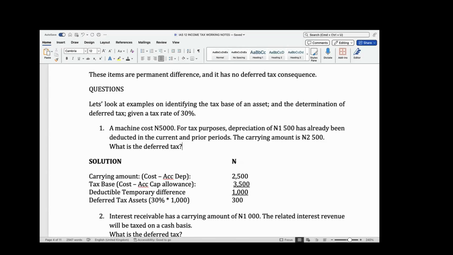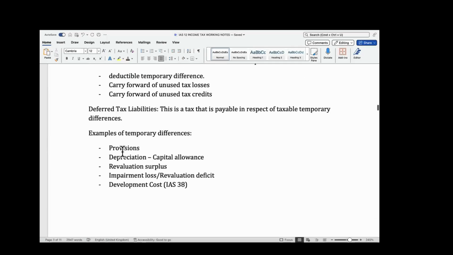You can take your time to look at this very well. Sir, I think my confusion is how do I know when there is a taxable temporary difference and a deductible temporary difference? So, if you want to start simple, like I've mentioned before, if you're going to get an extra deduction in the future, like this example I gave you, this provision, I gave you a client of mine that recognized director's fees, but the taxman says, no, we are not going to allow this as a deduction.